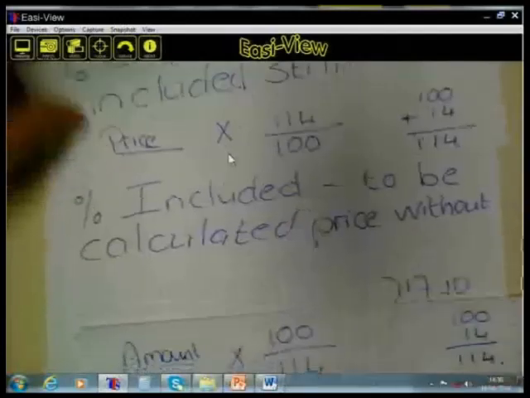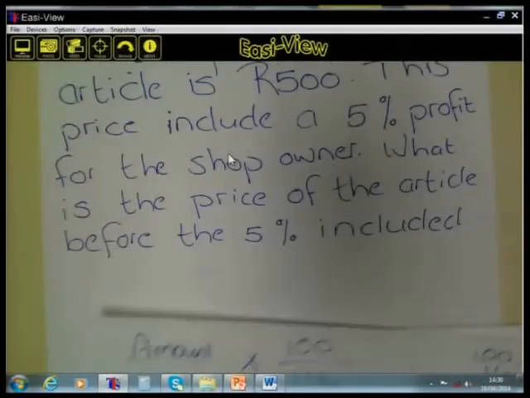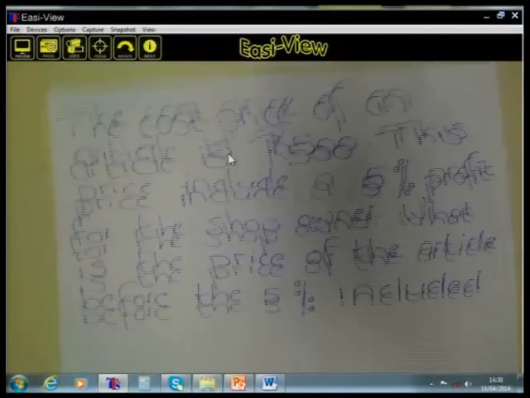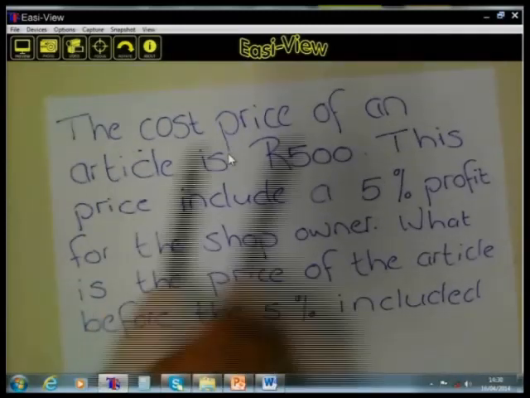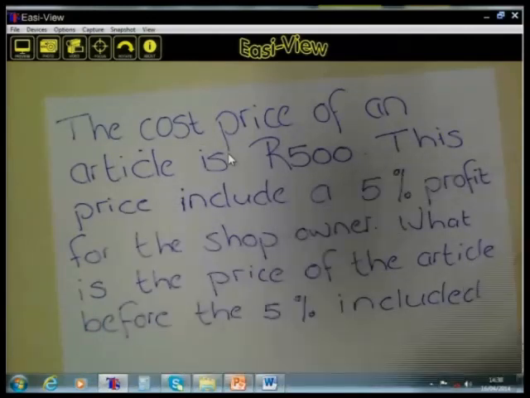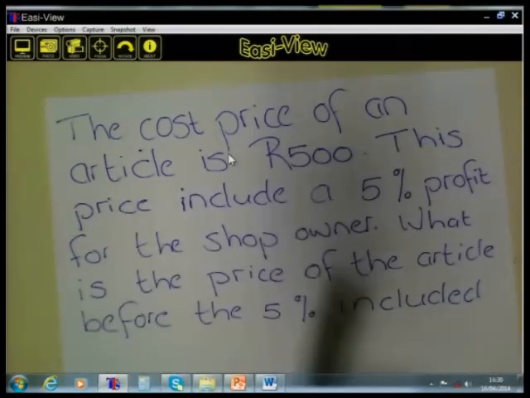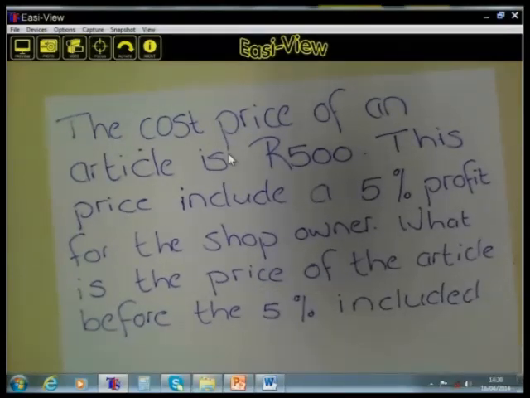Just to give you an idea, it does not always have to be about 14%. It can be that a question is given to you where they say, for example, the cost price of an article is 500 rand, and this price includes a 5% profit for the shop owner.